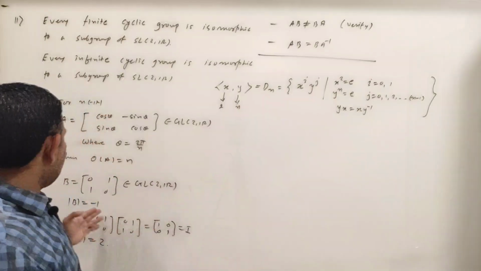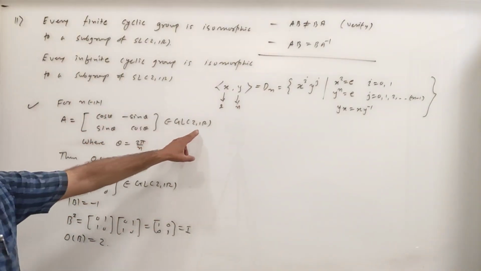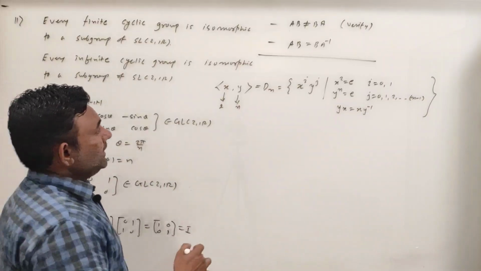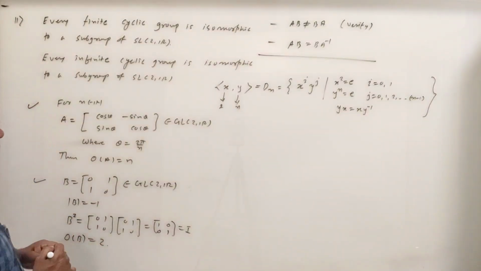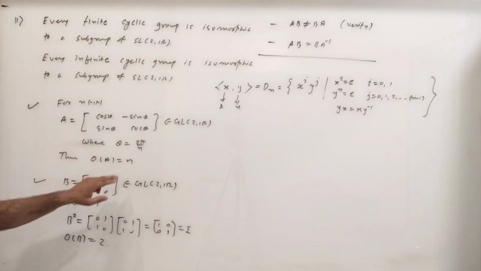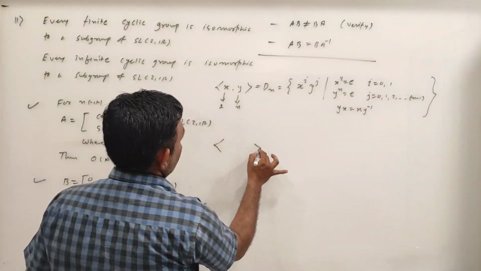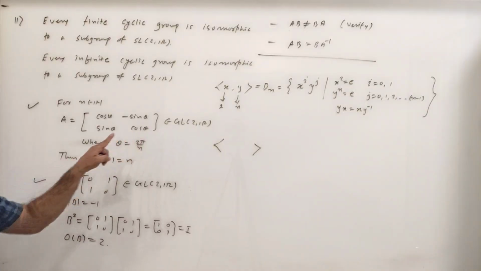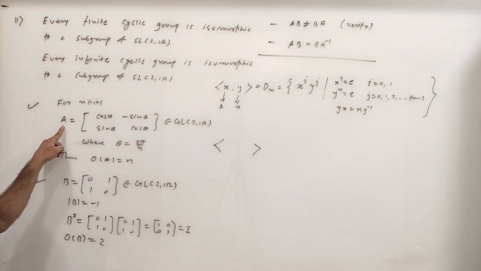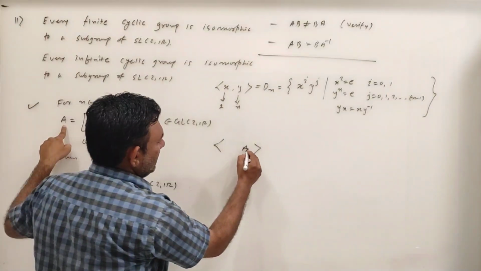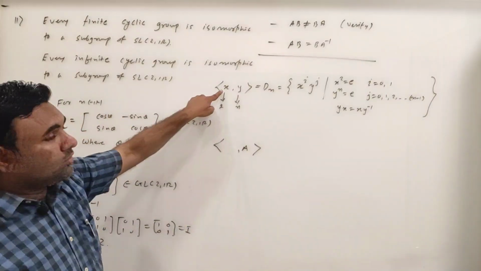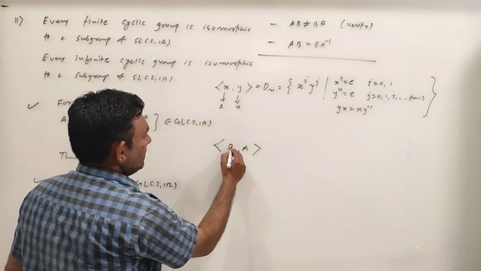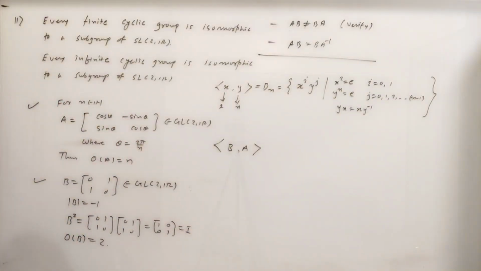Right? So here, what I have in GL2R, I have one element of order n. So let me consider here the element of order n in GL2R. It is what? A. So this is my A. One element of order 2, and that is B, right?